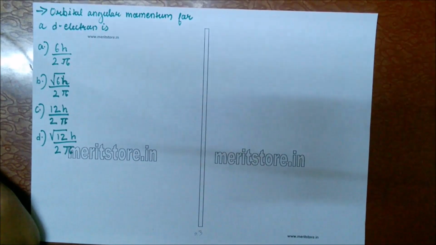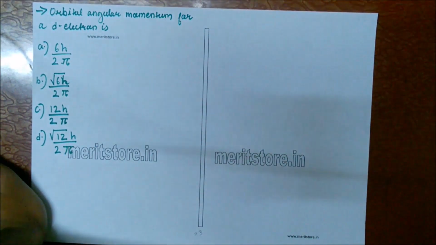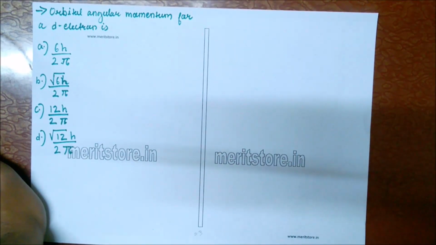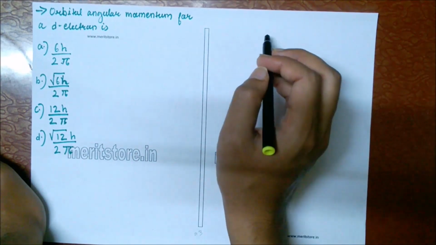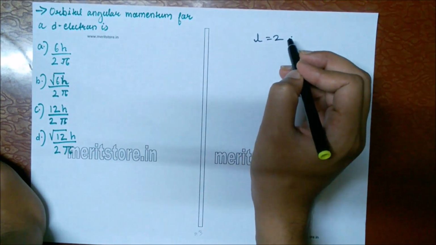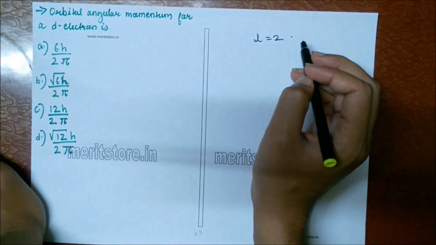Orbital angular momentum for a d electron is: A 6h upon 2 pi, B root of 6 h upon 2 pi, C 12h upon 2 pi, D root of 12 h upon 2 pi. So for this question, we know that l is equal to 2, that is azimuthal quantum number for d electron.